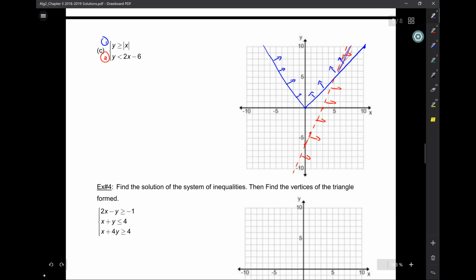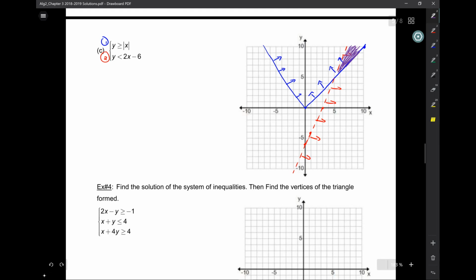Basically, it's this region here, right? That's okay too. Other people will shade one horizontally, and then they'll shade another one vertically, and then it's where they crisscross. Just be clear. That's all. All right.